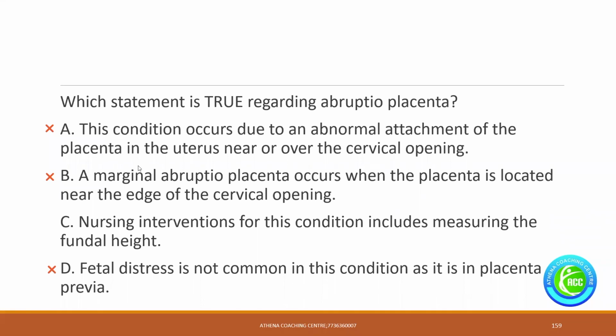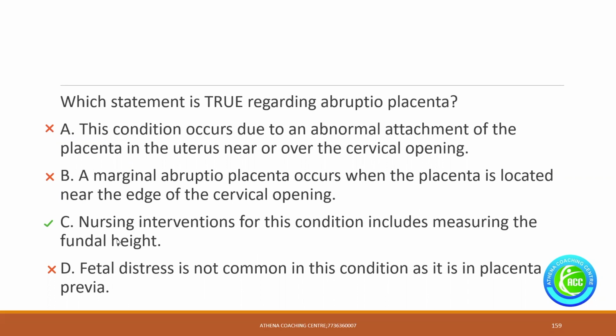So what is the true statement in terms of abruptio placenta? Nursing intervention for this condition includes measuring the fundal height. Okay, so the true statement regarding this is C.